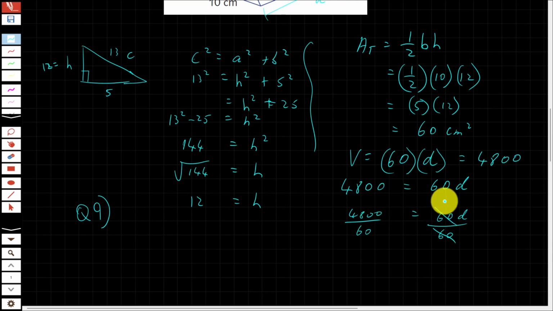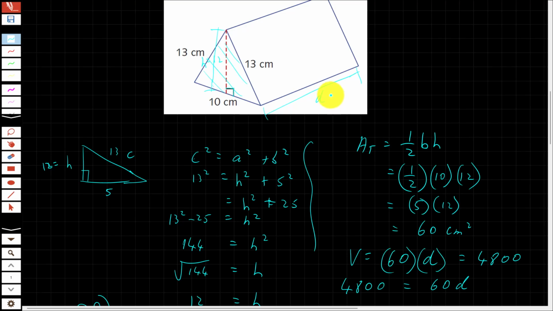The 60s will cancel out. 4800 divided by 60 is equal to 80, which is equal to d, and that's in centimeters. So d is equal to 80 centimeters.